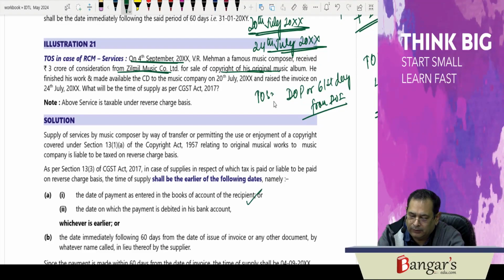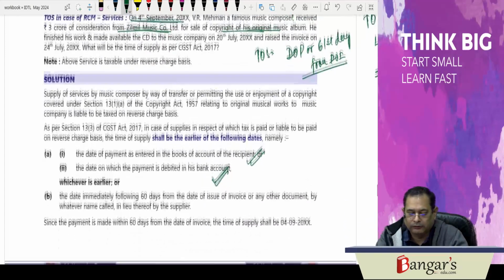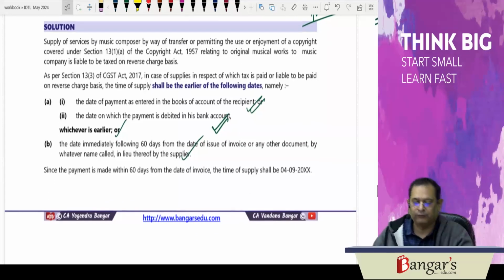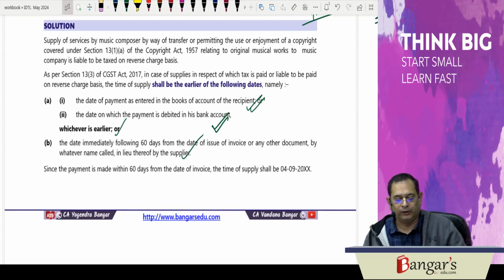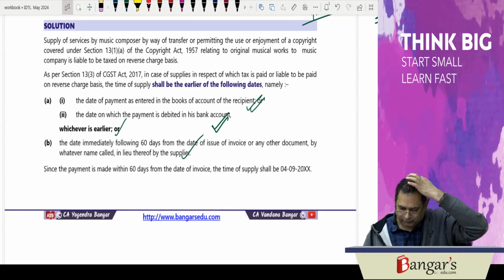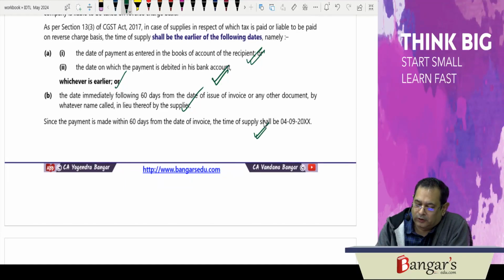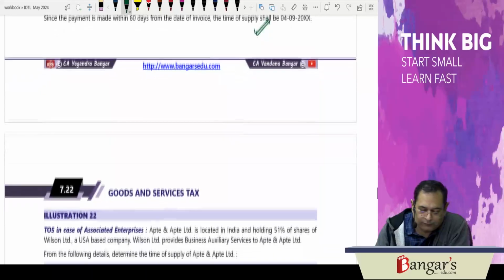Date when the payment has been entered in the books of accounts of recipient, or the date when the payment is debited from his bank account, whichever is earlier, or it is 61st day from the date of invoice. So here, since the payment is made within 60 days from the date of invoice, the time of supply will be 4th of September.